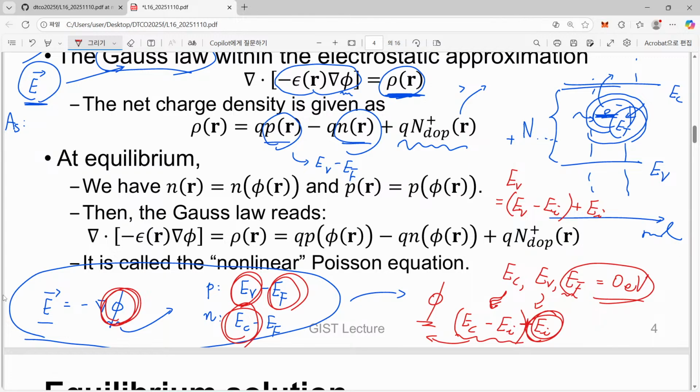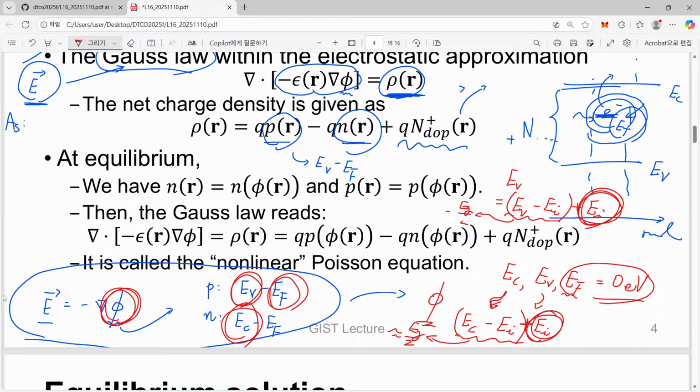Since silicon has quite balanced NC and NV, you can say that this is about half of its band gap, and EV minus EI is minus half of the band gap. So these are material constants. Now the remaining thing is EI.